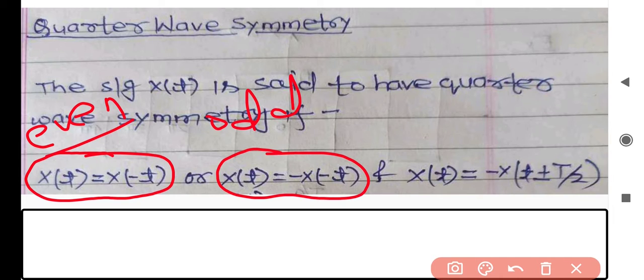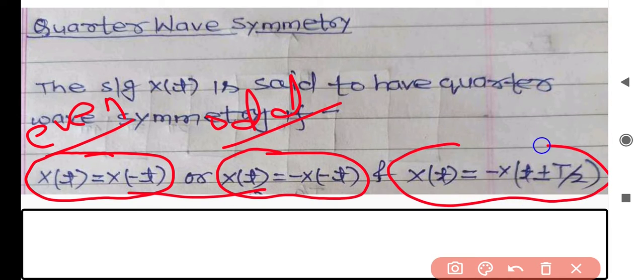Any of them can exist, either even or odd symmetry, and along with these conditions there should be another condition, that the signal should have half wave symmetry.